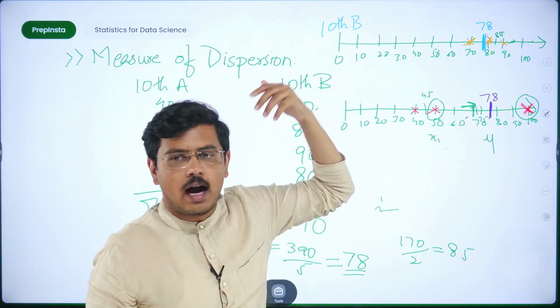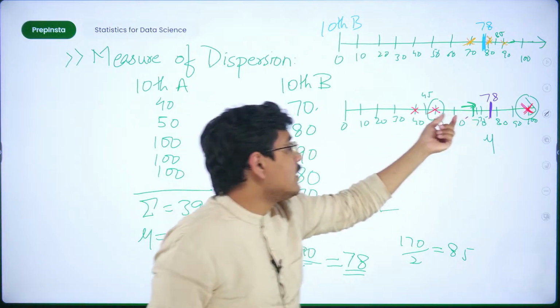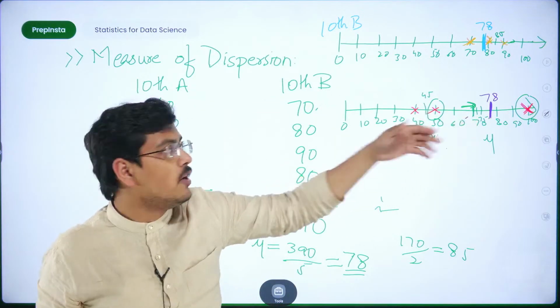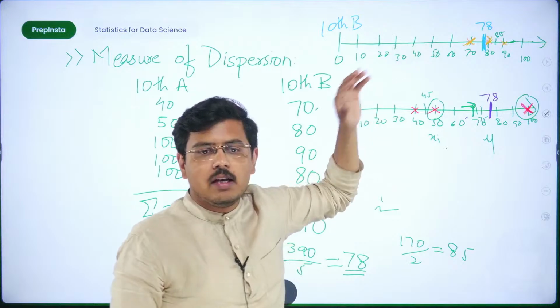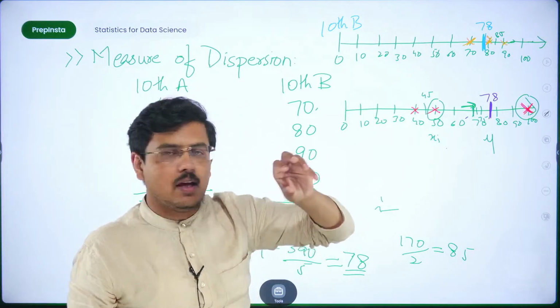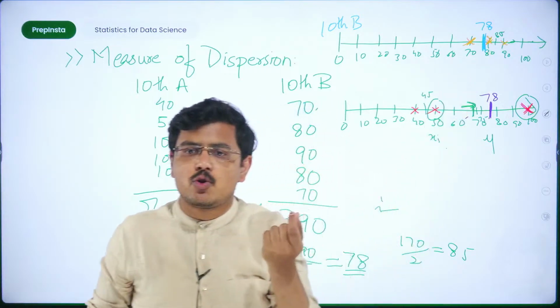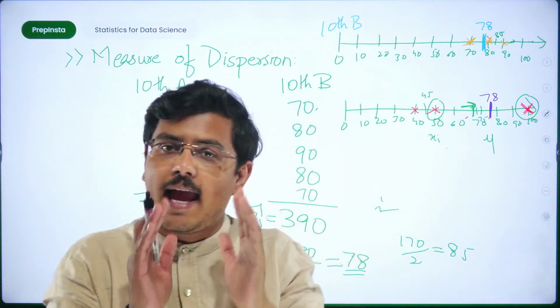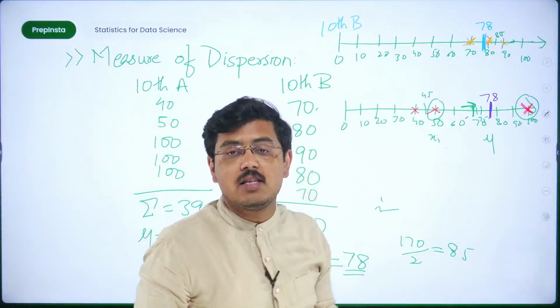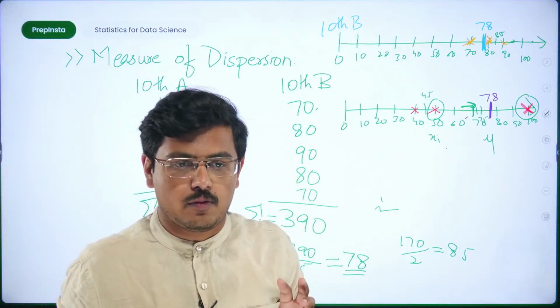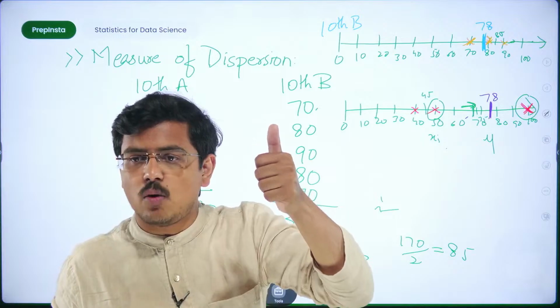If variance is high, then from mean, the actual elements are very far away. Whereas, if the variance is lesser, then the data and the actual mean are very near. Henceforth, my central tendency is very useful for me at that point of time. So I hope this doubt is clear.